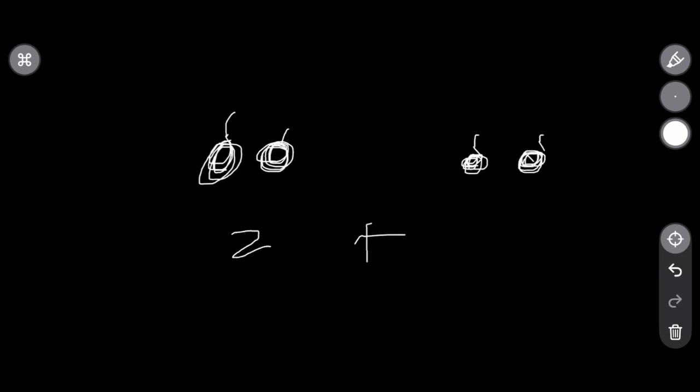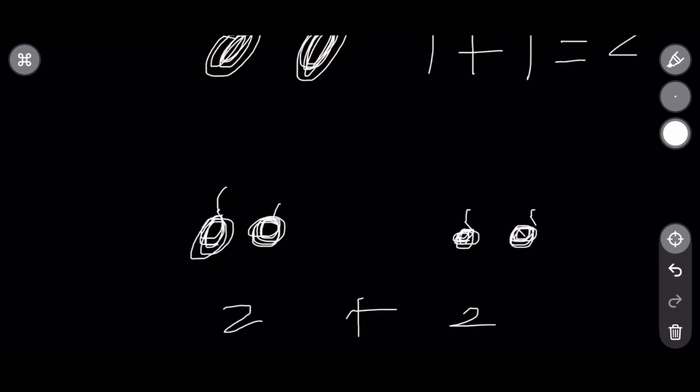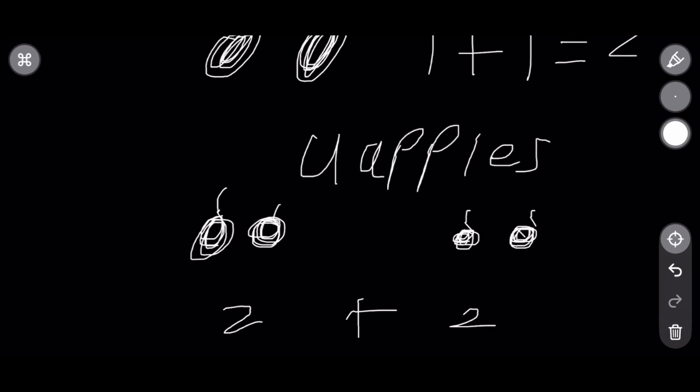So John has 2 apples. His dad has 2 apples. John takes them, right? How many would he have? If you said 4 apples, you're right.